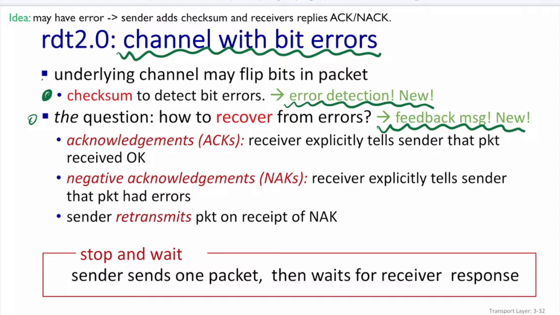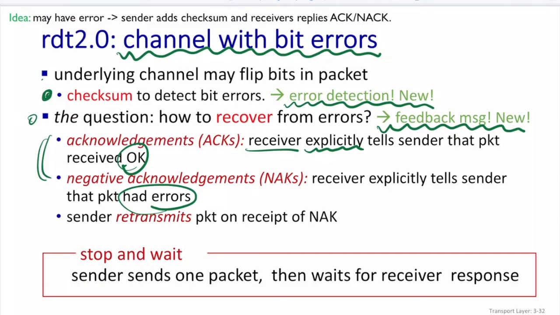If there's something wrong with the packet that the receiver received, the receiver should explicitly tell the sender that the packet is either okay or had errors.